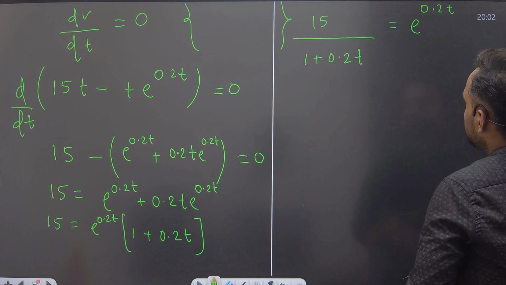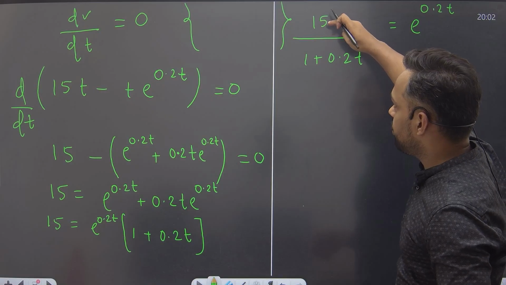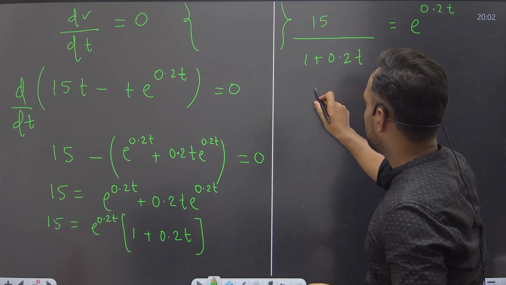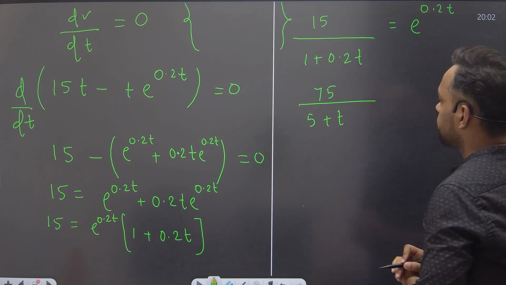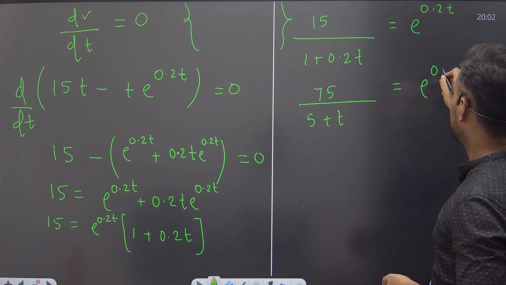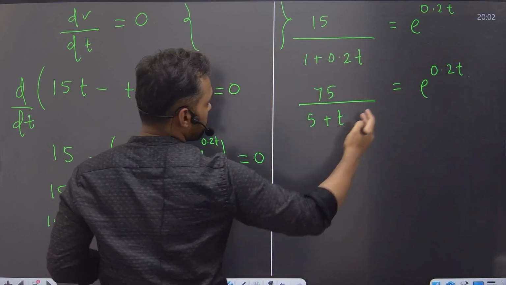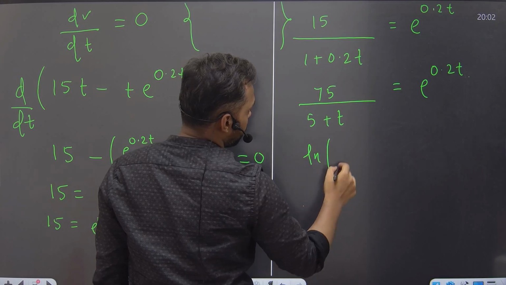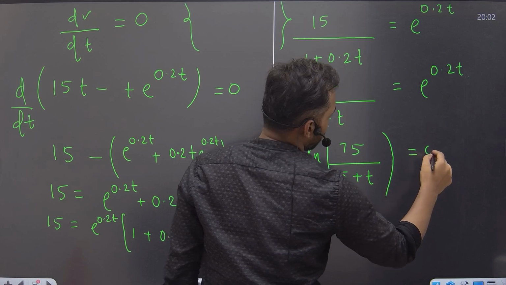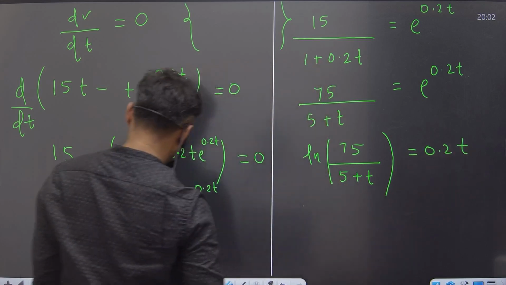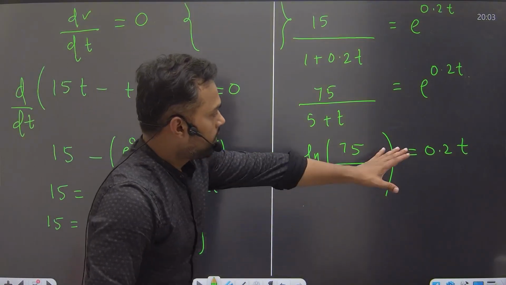Okay, now if I multiply 5 in the numerator and in the denominator, we will get 75 upon 5 plus t equals e to the power 0.2t. Now taking log on both sides, you will get ln of 75 upon 5 plus t equals 0.2t.